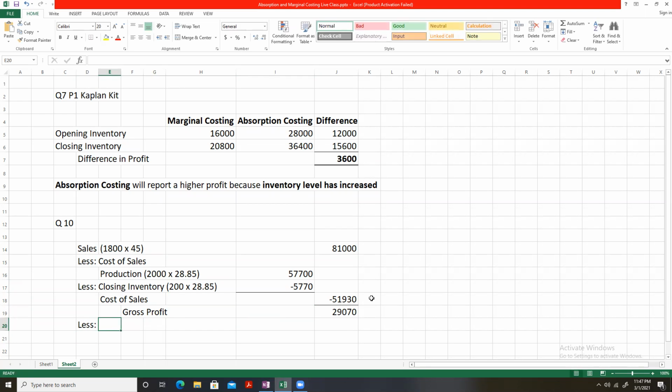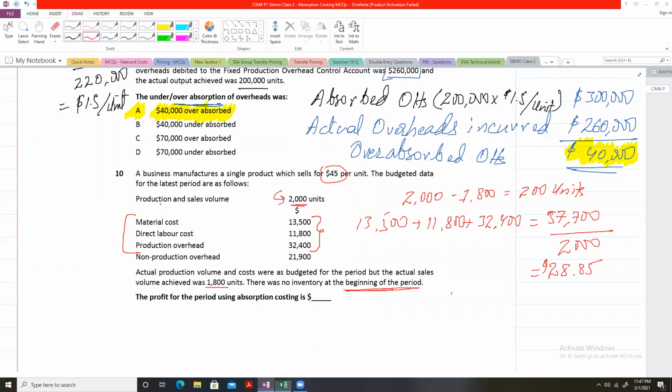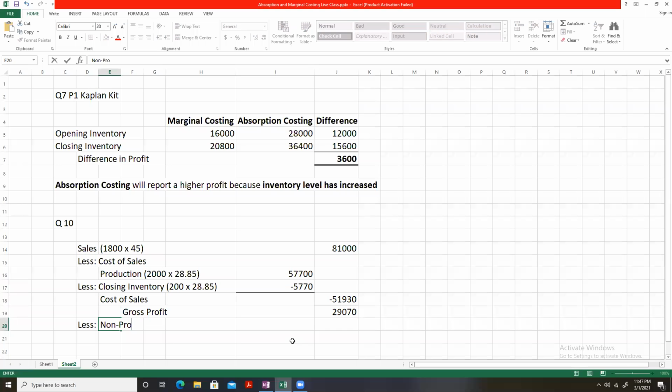Last but not least, we will subtract all the non-production costs. How much are the non-production costs? Non-production costs are 21,900.